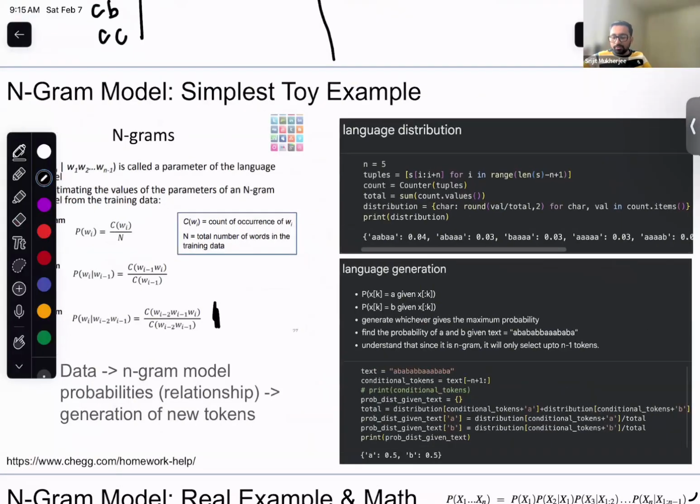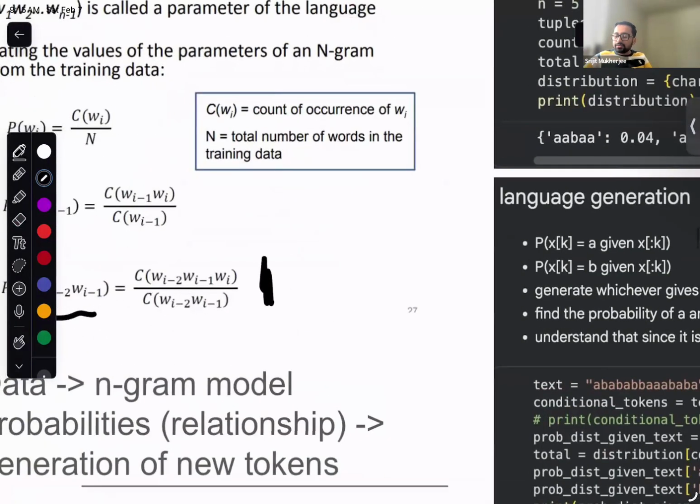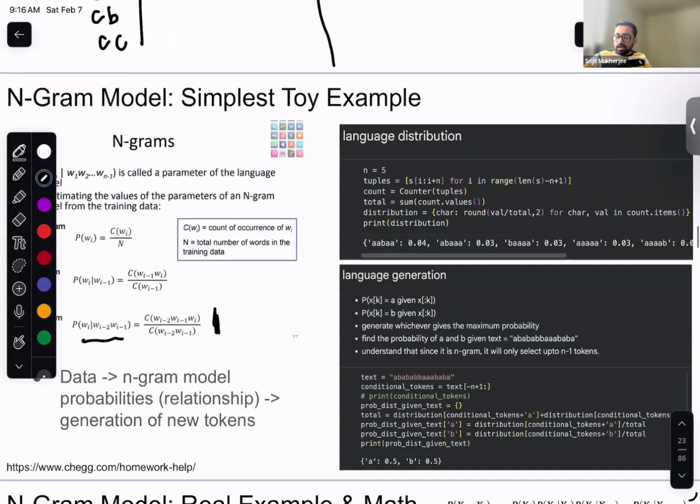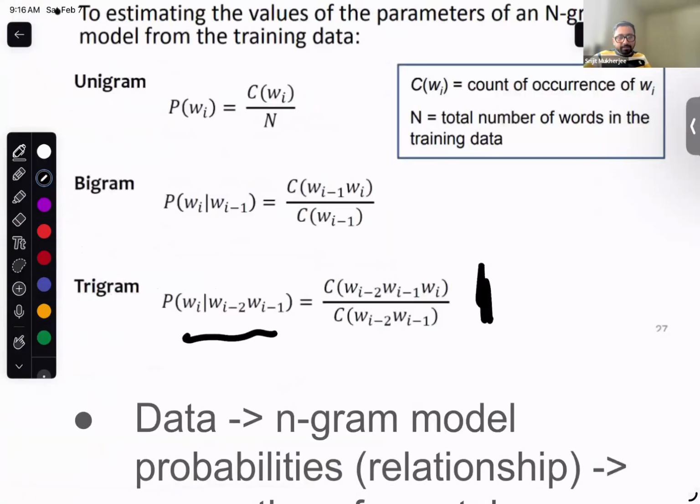Probability of W1, this. So essentially you are counting. If you observe this very carefully, you are counting how many AAAs happen together, divided by total how many AAs are there. So probability of Wi given Wi minus 1 comma Wi minus 2, these two are happening right now, and you have to predict this.